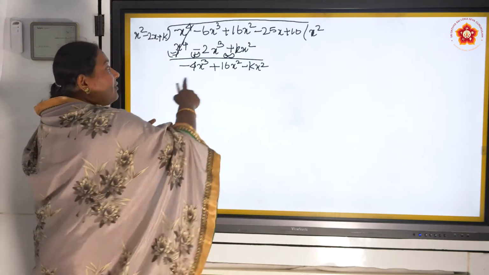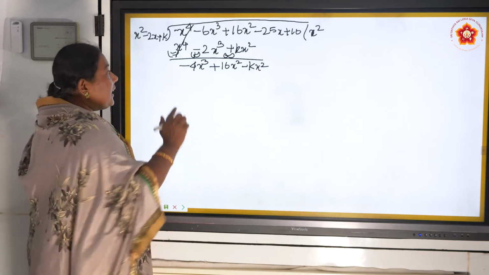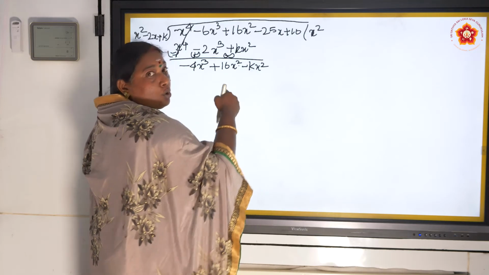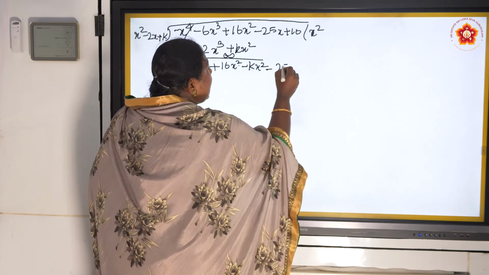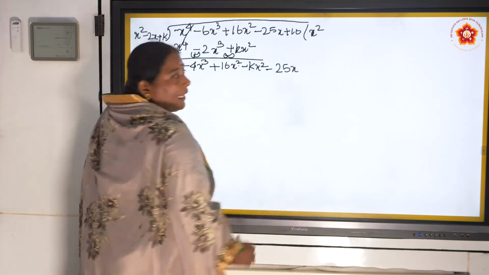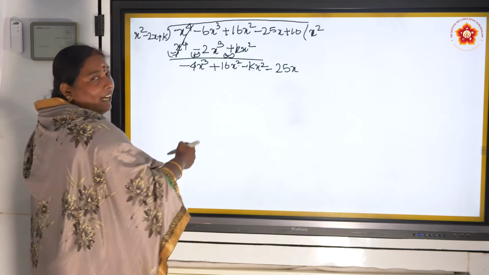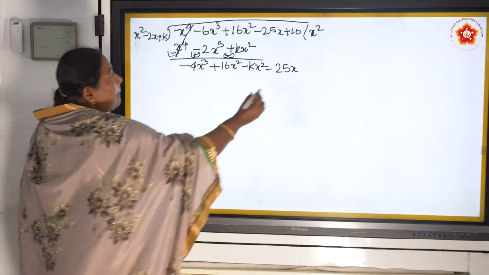Okay, now I have 3 terms here, that is enough. No, wrong. Here the power is 3, here the power is 2, here also the power is 2. So you have to bring the next power, x power 1, 25x. Now, which term do I have to cancel? Minus 4x cube I have to cancel, right? So for that, what do I have to multiply with x square?